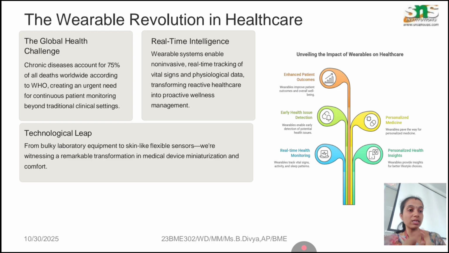Likewise, the system has changed. Devices have been developed to analyze different parameters in the human body. We witness a remarkable transformation in medical devices, in miniaturization and comfort, where the size of the device is very small and very comfortable for the patients also. That is where the wearable revolution in healthcare has developed.